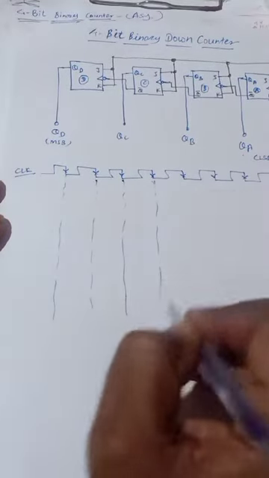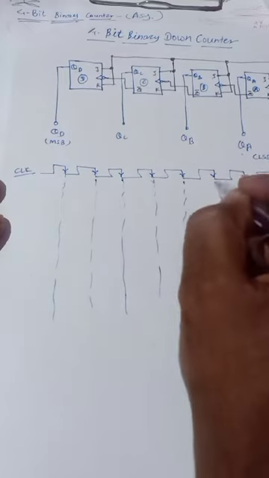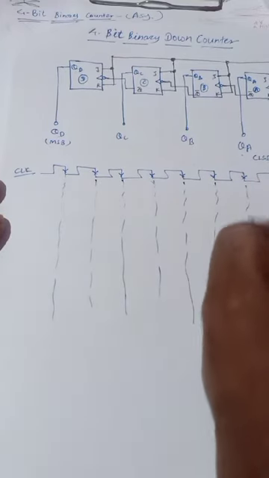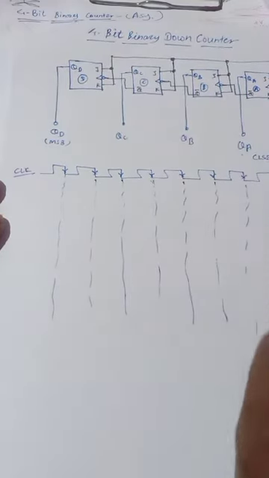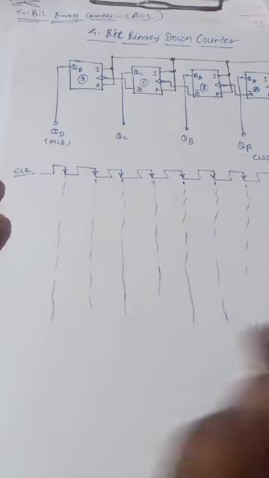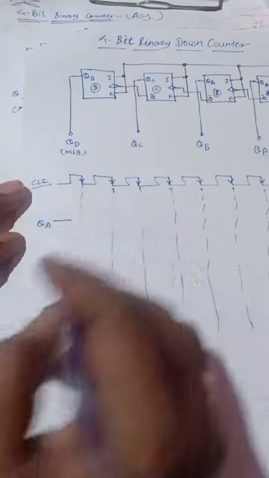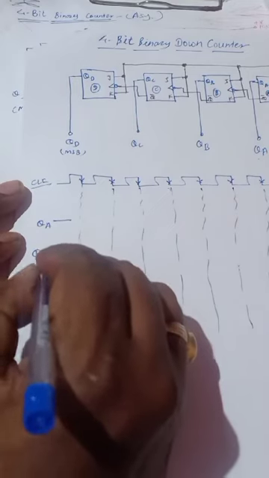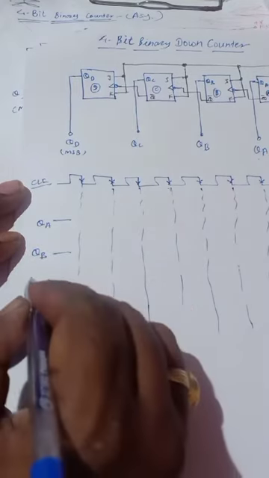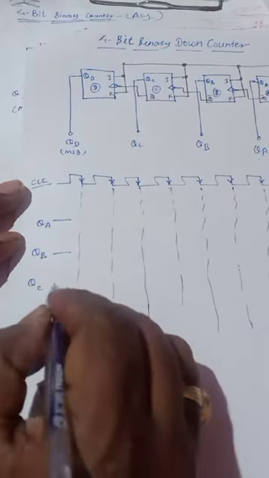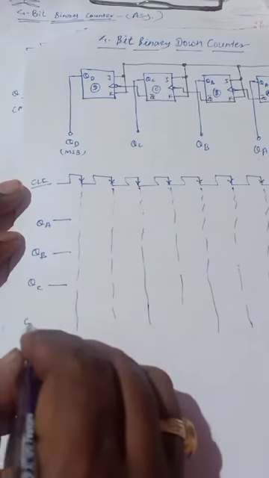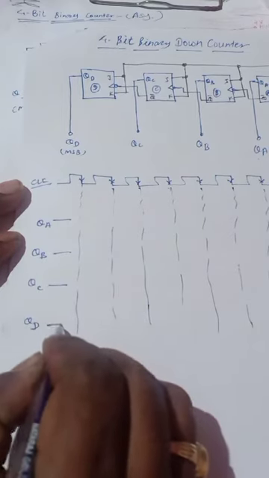So this is a timing diagram. Consider this QA output is 0, QB output is 0, QC 0, QD also 0.